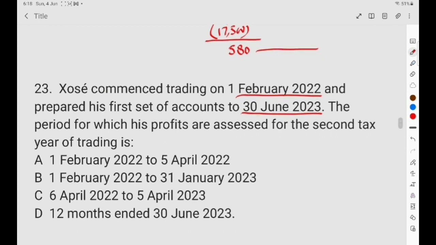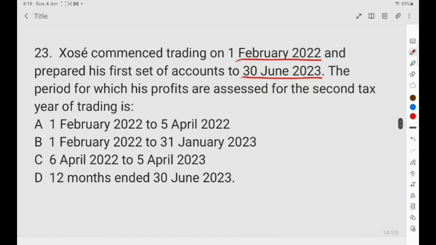30th June 23. So in that case, our first tax year would be from 1st February 22 to 5th April 22. Right? This is our first tax year. This is named as 21-22 tax year. Then, in the second tax year, till 5th April 23, our period of account has not ended.